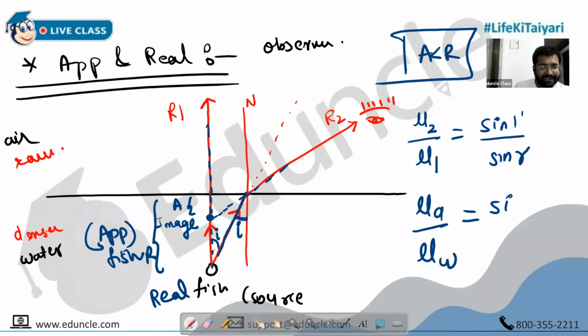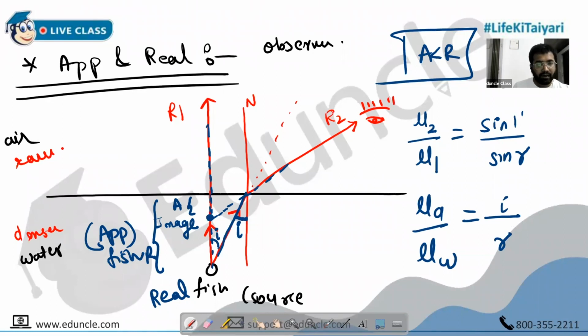Achha, tell me one thing. If this angle of incidence is very small, then sin I becomes I. Hello? If the angle of incidence is very small, then sin I will become I, and this sin R will also become R, people.